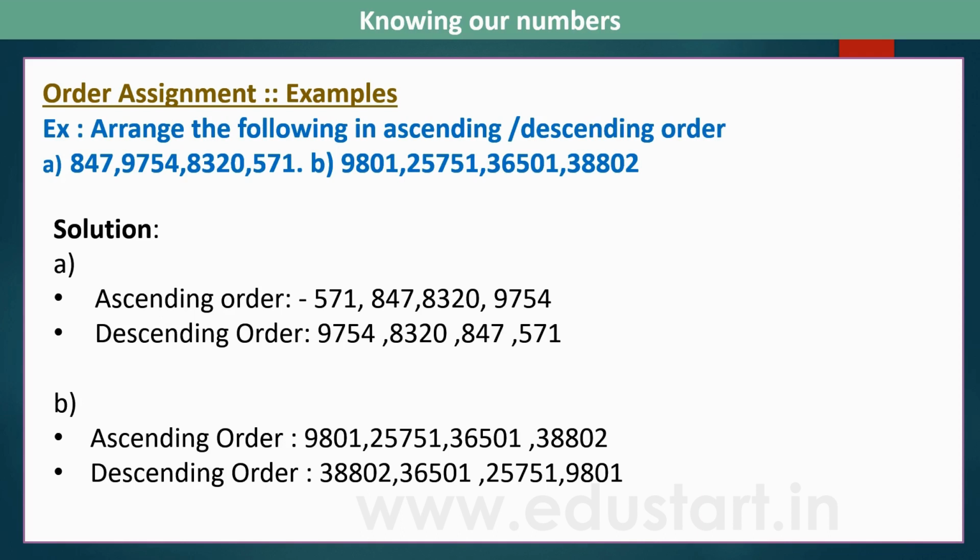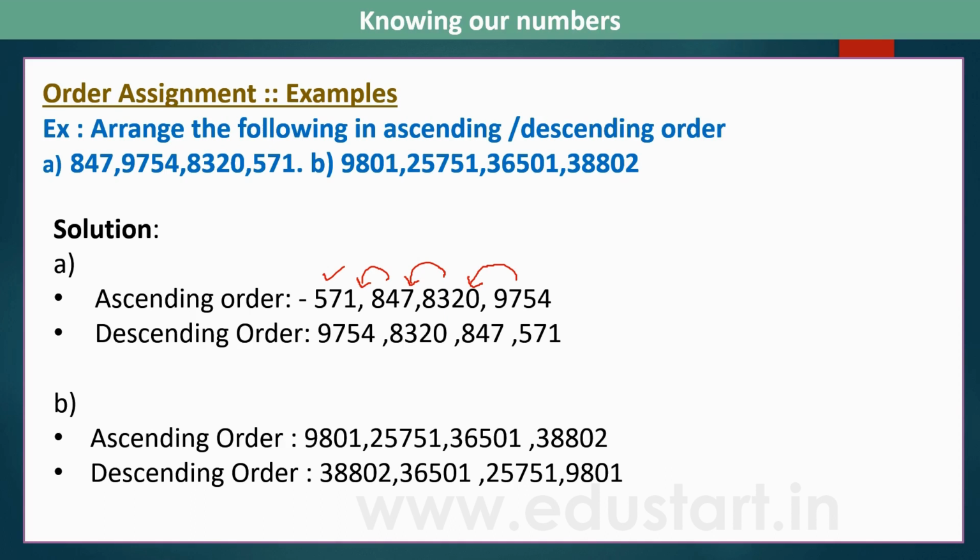So the first set of numbers are 847, 9754, 8320, and 547. If you are writing in ascending order, it means that the lowest number, the smallest number, should come first. So 847, 8320 and 9754, that is the ascending order.